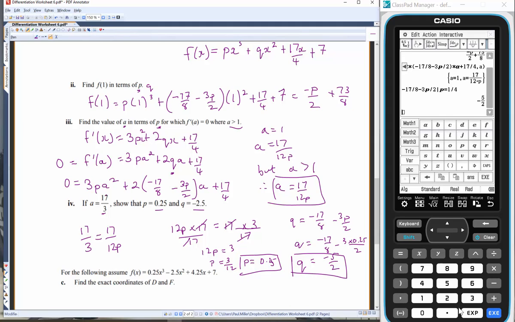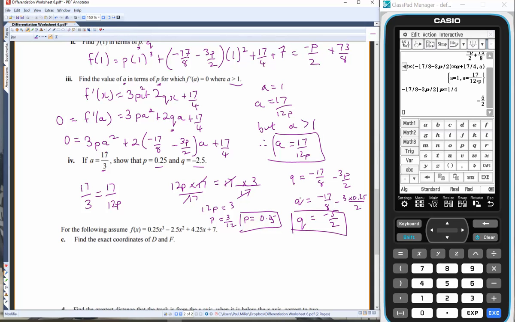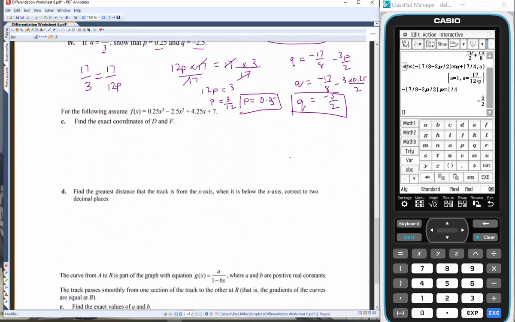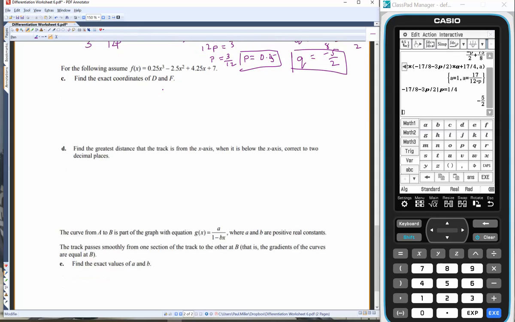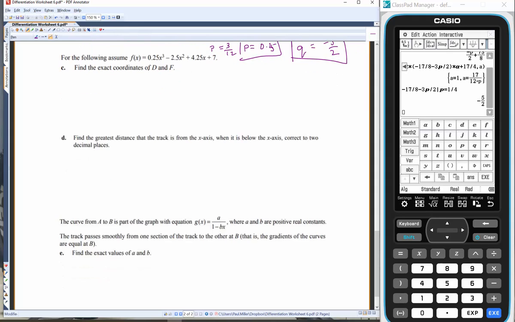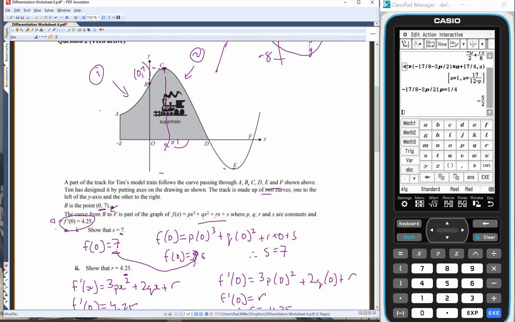Okay, more than any question, I think this one has just got so much related information. Right, for the following, assume that f of x, that cubic function, is this function here. Find the exact coordinates of D and F. D and F are just the solutions.